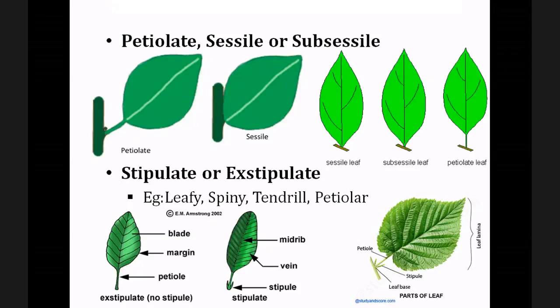Some modified as a tendrils, the thread-like structure that's supporting the climbing of this plant. That also one of the stipule structure. And next one is the petiole.